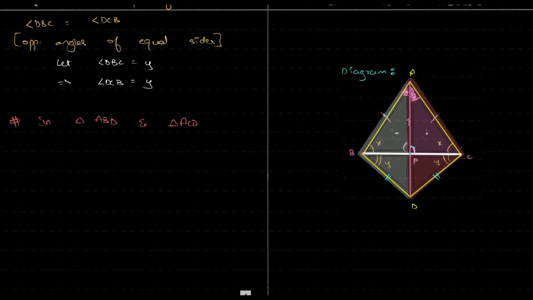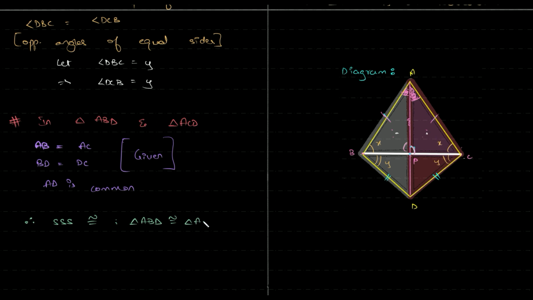Between these two triangles, we have AB is equal to AC. Then we have BD is equal to DC and AD is common. And these two are given. Therefore, by SSS congruency, triangle ABD is congruent to triangle ADC.